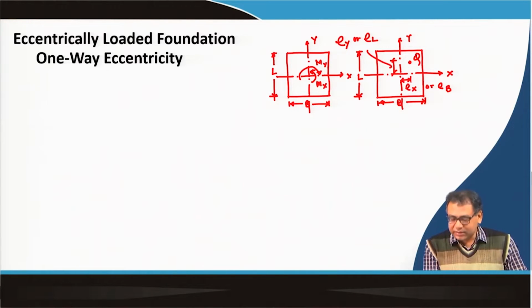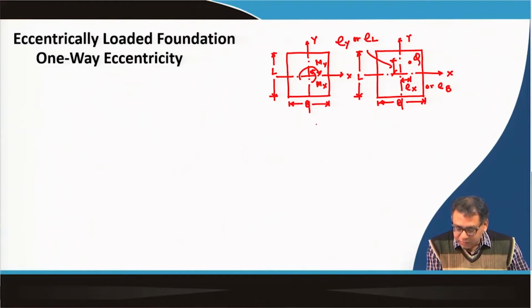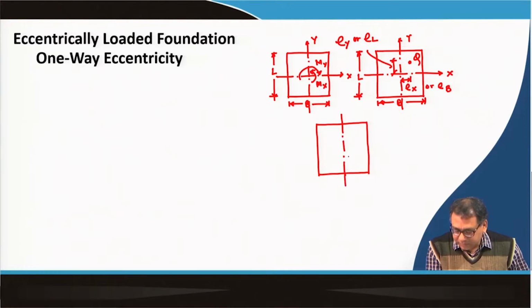In one-way eccentricity, either there will be E x and E y will be 0, or there will be E y and E x will be 0. That means in one-way eccentricity I can draw that the loading is acting here with an E b value.